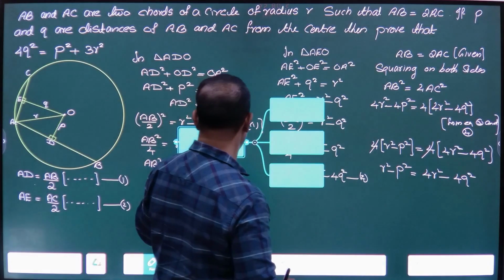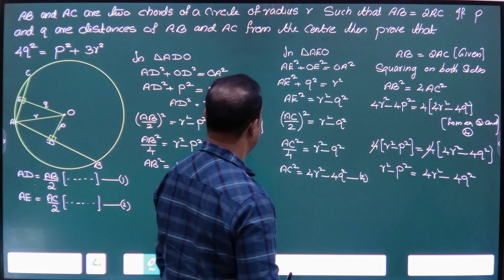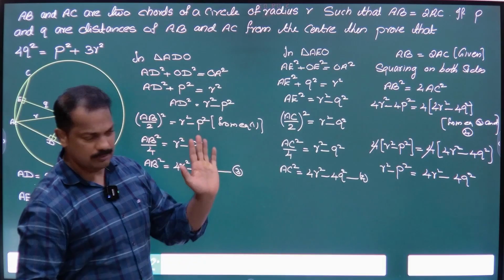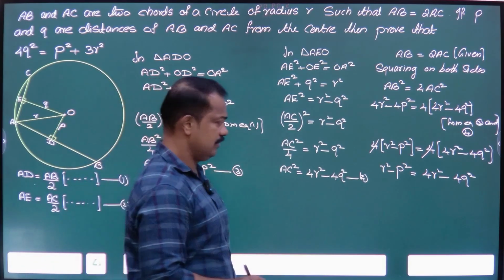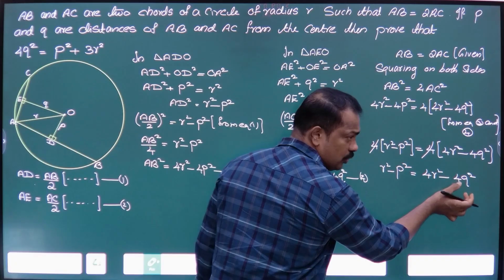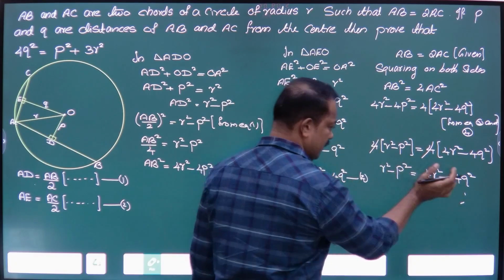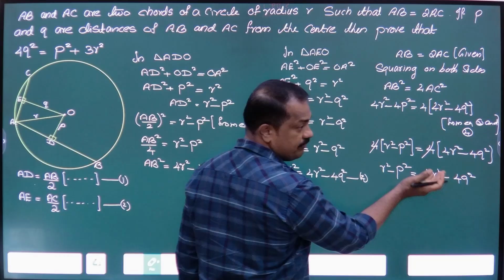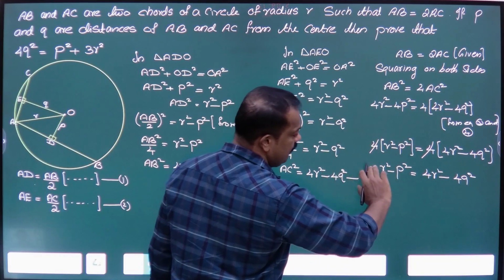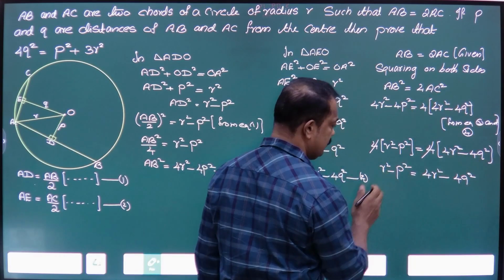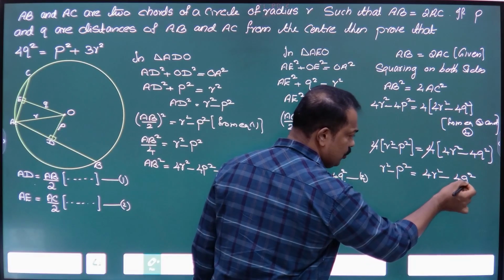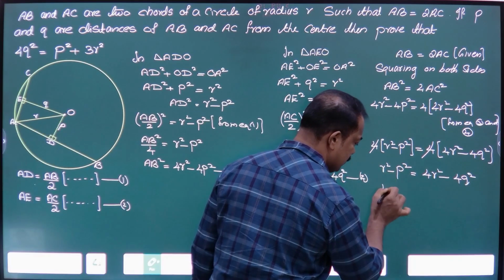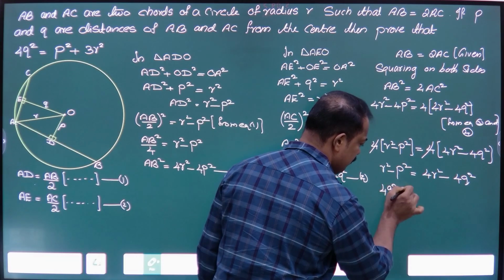Is it clear to everyone so far? Any doubts? Are the steps clear? Next, minus 4Q squared shifts to the left hand side and becomes plus 4Q squared.